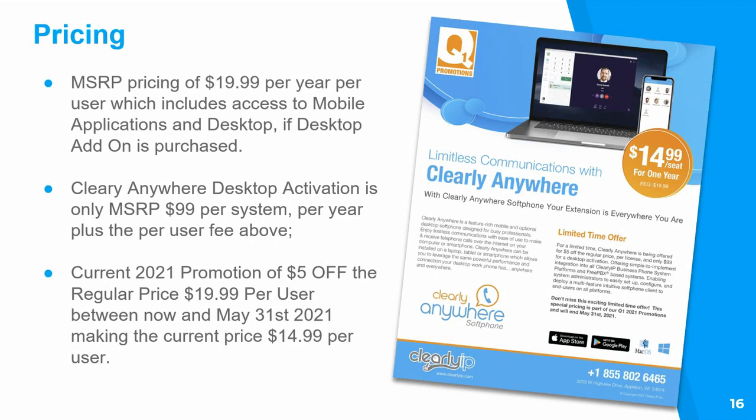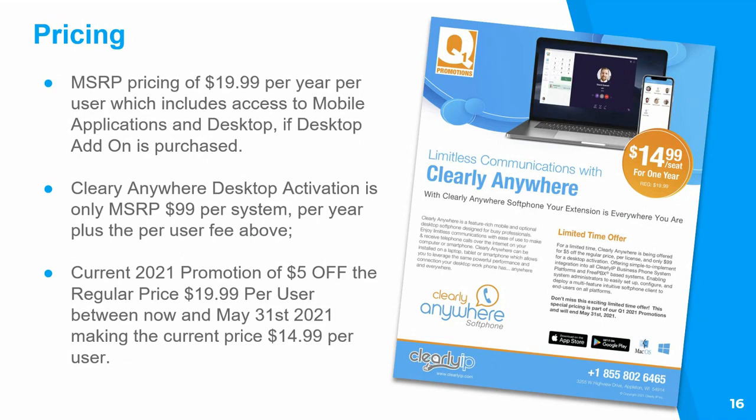So let's say you had a company with 20 employees and you wanted to equip 10 of them with Clearly Anywhere Desktop and 10 of them with Clearly Anywhere Mobile, then the pricing would be as follows: $99 Clearly Desktop activation fee, and then 20 seats at that sale price right now of $14.99 per seat, which comes to $299.